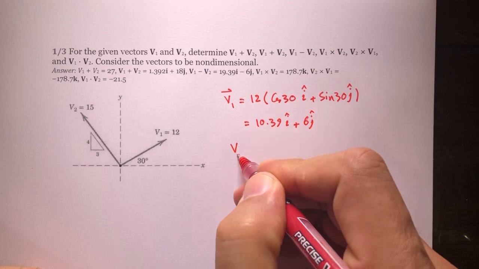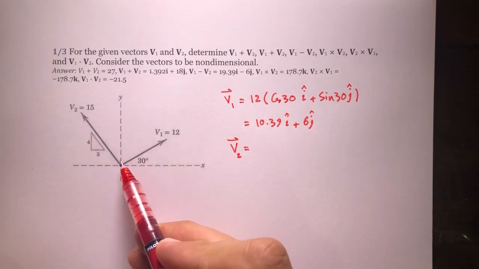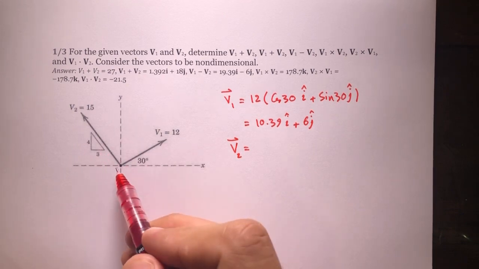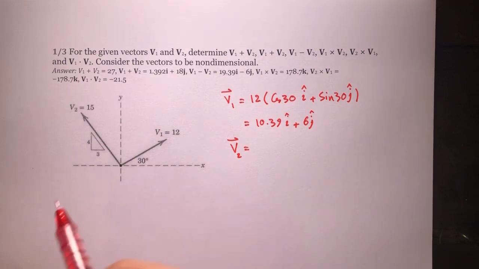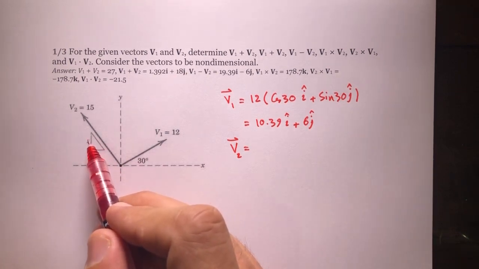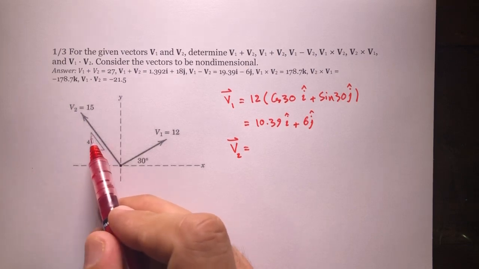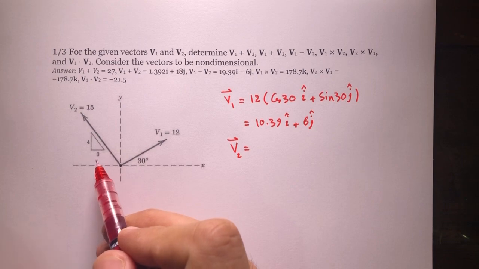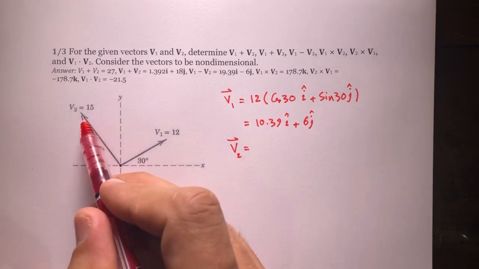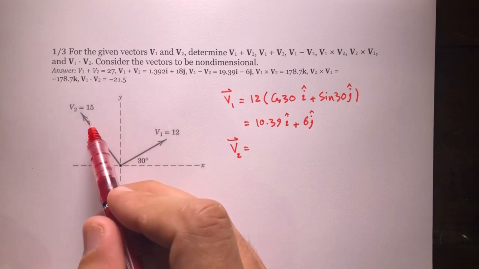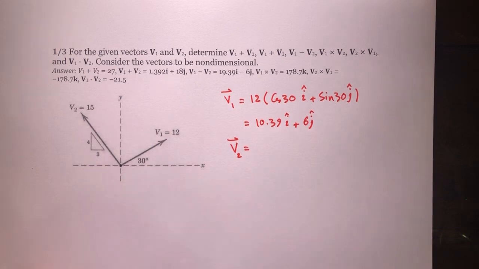So v2 is going to be equal to, the magnitude of v2 is 15. To find the x component, I need to multiply by the cosine of this angle. If you look at this triangle, this is 3, this is 4, and the other side is going to be 5, right? So cosine of this angle is going to be 3 divided by 5. So the x component of this vector is going to be 15 times 3 divided by 5 in the negative I direction.